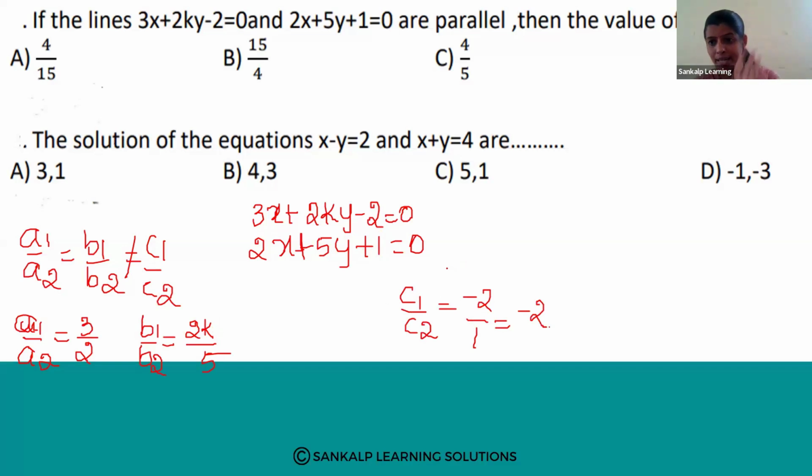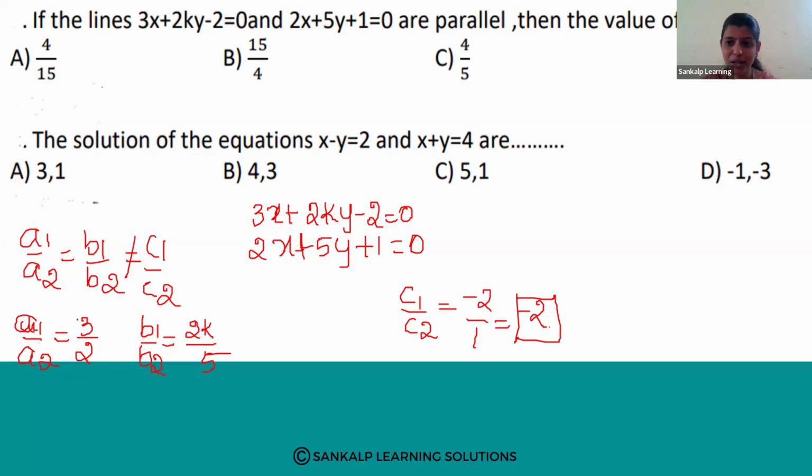Okay, so what condition do we need? A1 divided by A2 is equal to B1 divided by B2 is needed. But it is not equal to C1 divided by C2. C1 divided by C2 is minus 2. So A1 divided by A2 is not equal to C1 divided by C2. Clear? But what should B1 divided by B2 be?